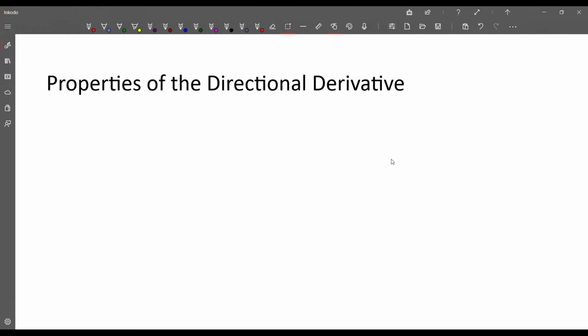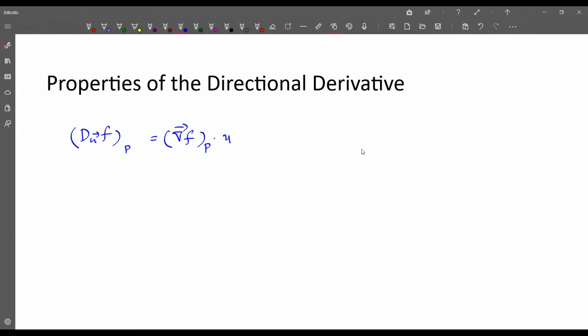Today we discuss some properties of directional derivative. So we have, by the previous theorem, D_u f at p is del f at p dot u.